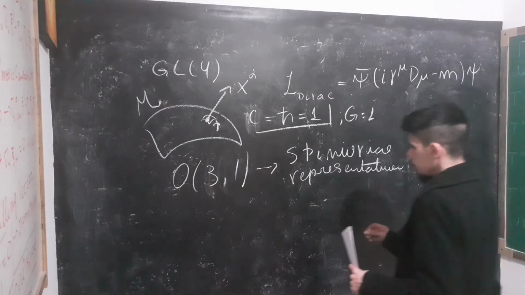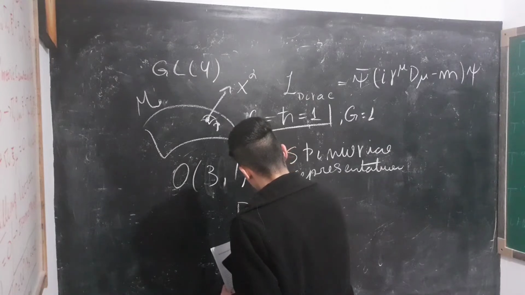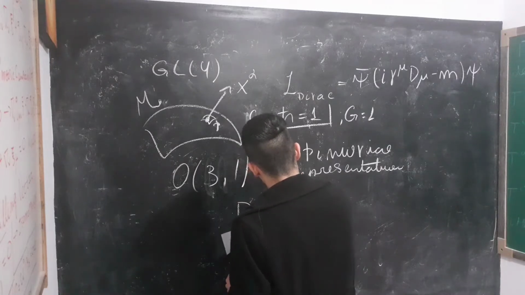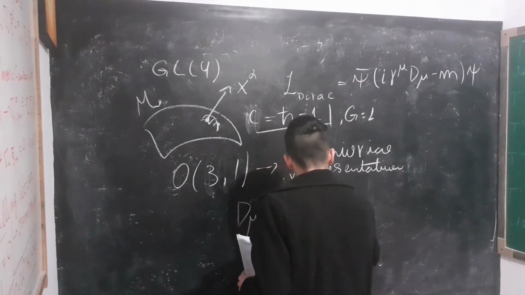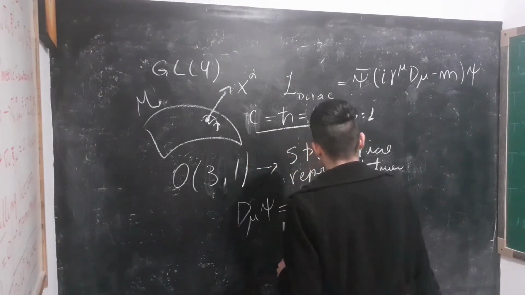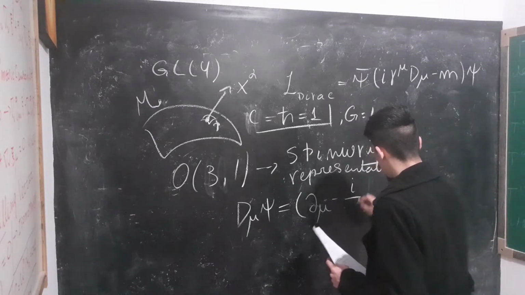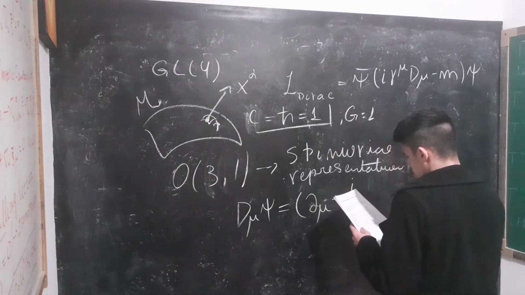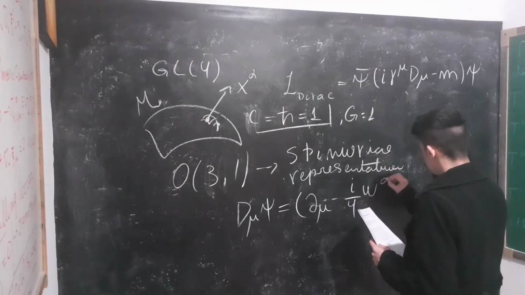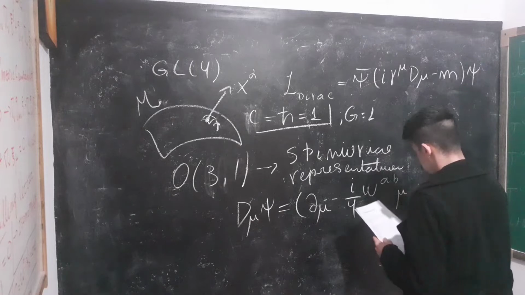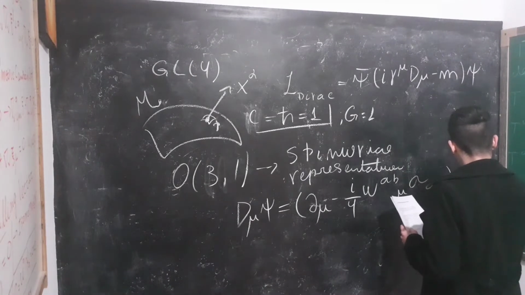And then when we take this covariant derivative capital D mu acting on psi, what we have is just the ordinary derivative d mu minus i over 4 omega ab mu sigma ab acting on psi.